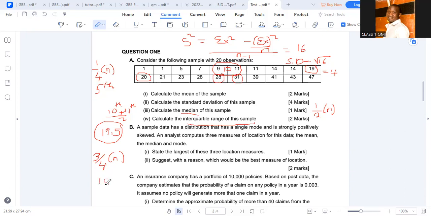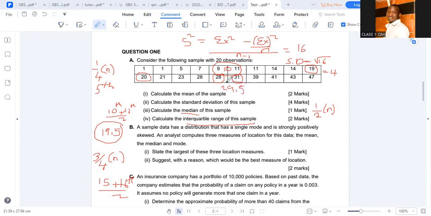You get the next number, 16th, then you add and divide by 2. So when you divide these ones, we're going to get 59 divided by 2, which is equal to 29.5. So this is how we find the upper quartile.